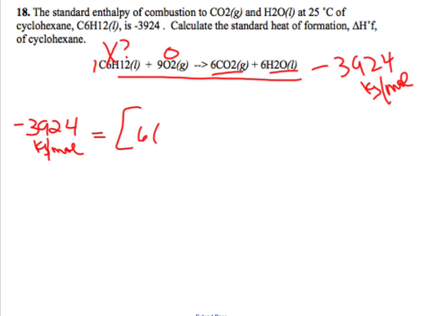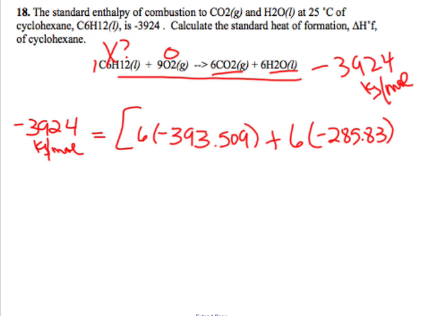Okay, I shouldn't have to ask, is it negative? And I knew it was, that's why I brought it up. Negative 393.509 plus 6 times H2O liquid. All right, products minus 1 times X. Are you okay if I just don't put the oxygen in there?